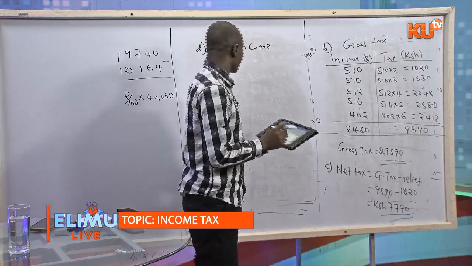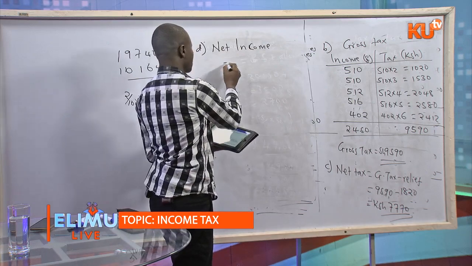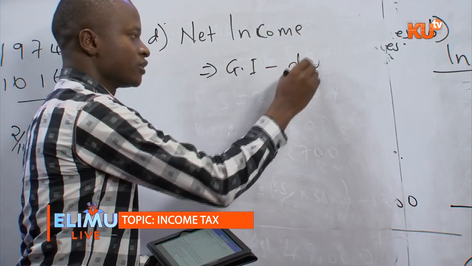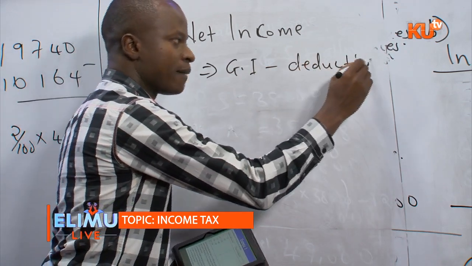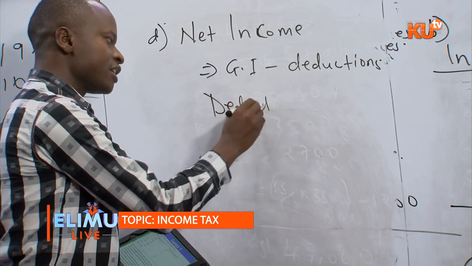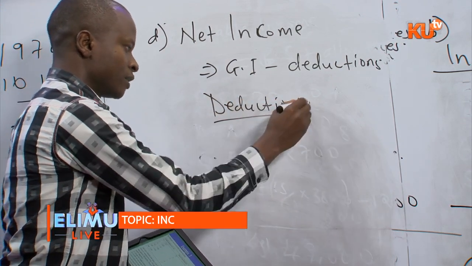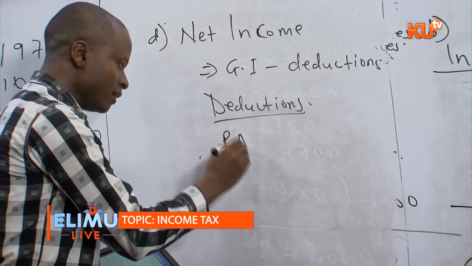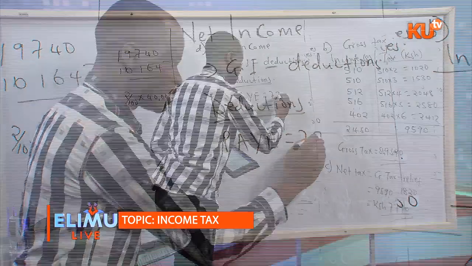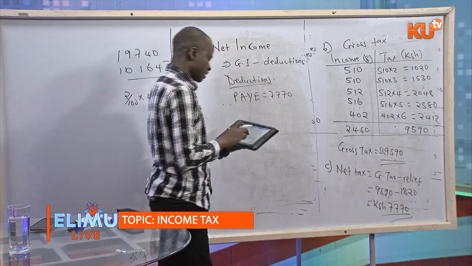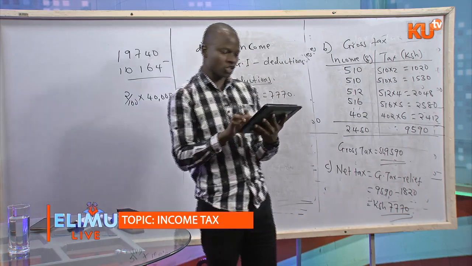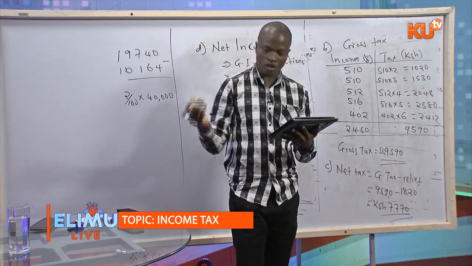So how do we calculate net income? That should be gross income minus deductions. So we list the deductions in this case. What are the deductions? The first one we said payee, a payee of 7,770. What else? Did we hear of anything she contributes to what or what?